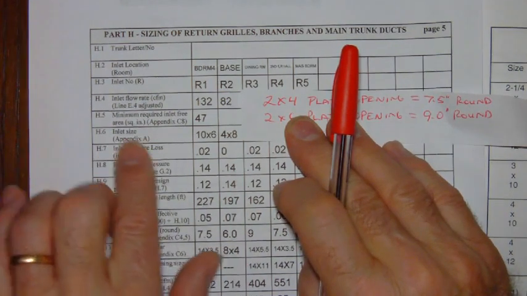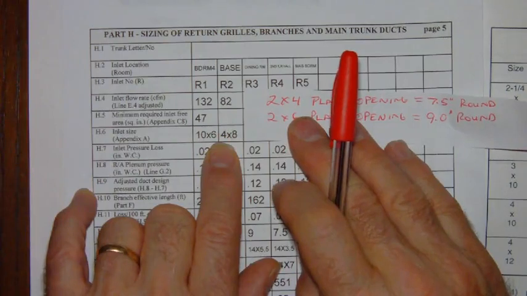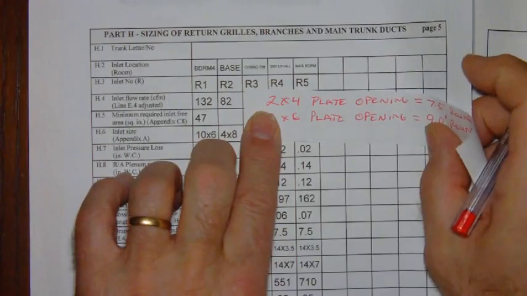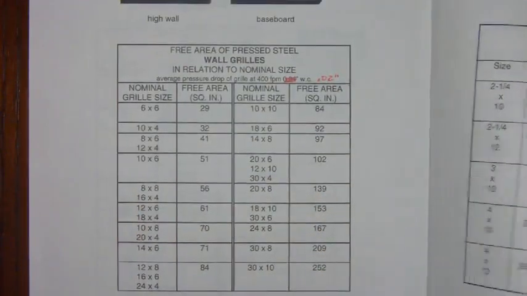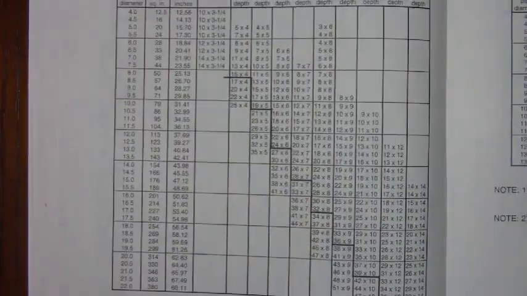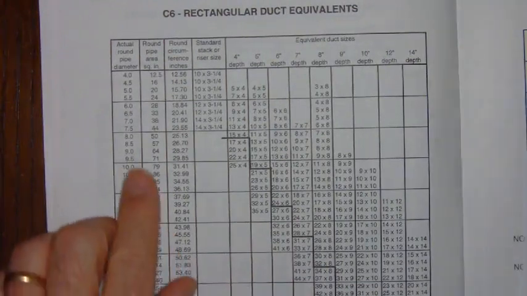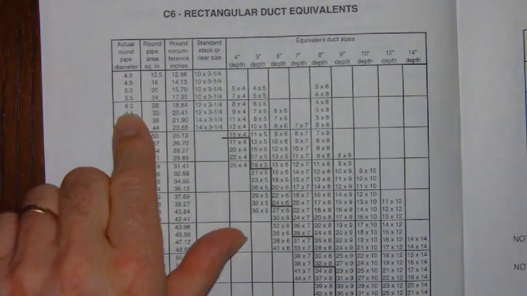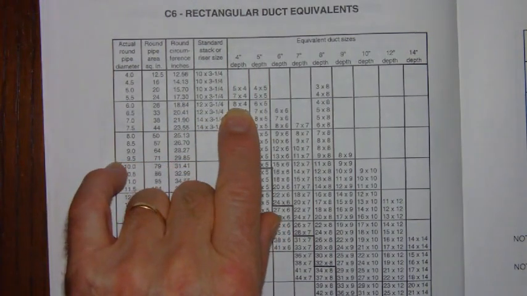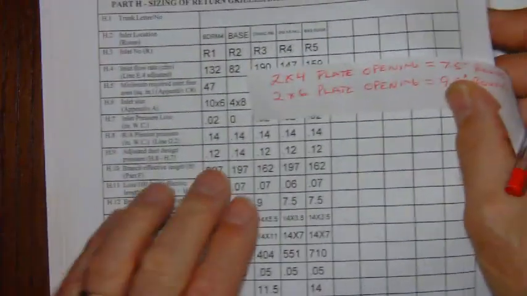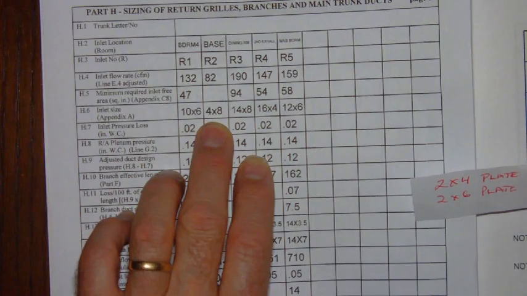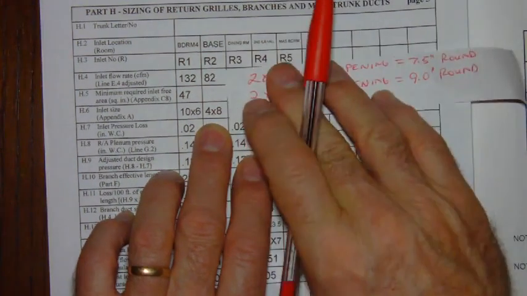For the basement inlet size, I've suggested that a height of 4 inches is the normal height. So you want to double check on page C6. We've got a 6-inch round, and we want to find the equivalent of a 4-inch deep, and we see that it's 8 by 4. So we can put our 8 by 4 or 4 by 8 inlet size for the basement right there.